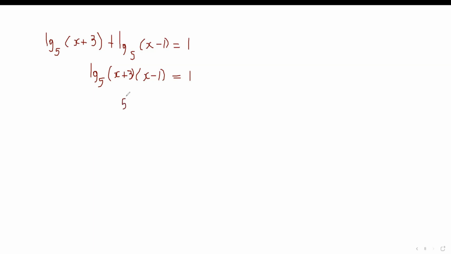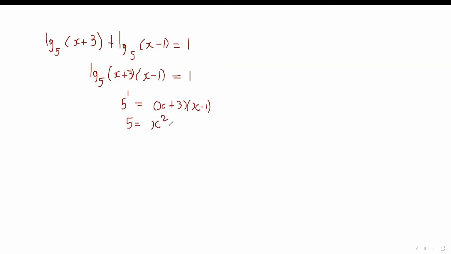So that means that 5 to the 1 is equal to x plus 3 times x minus 1. And they end up with one quadratic to solve. That easy. 5 to the 1 is 5. So 5 is equal to x times x is x squared.